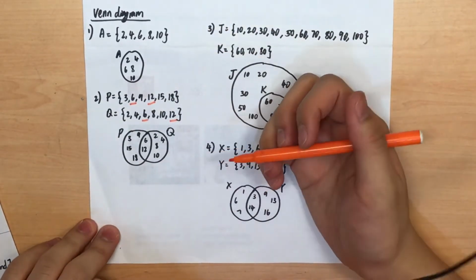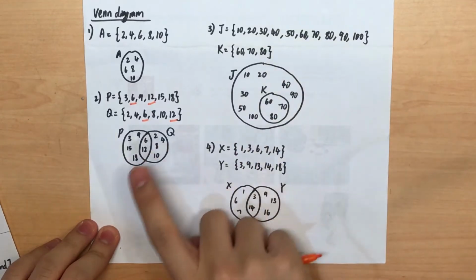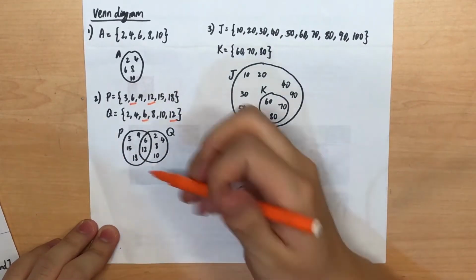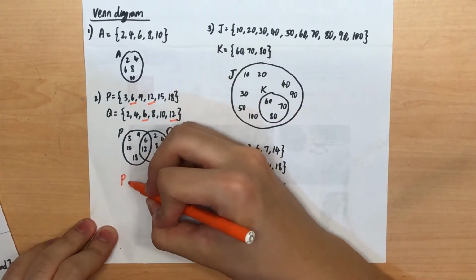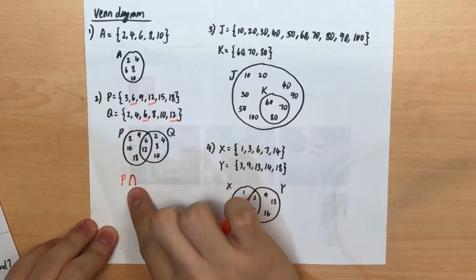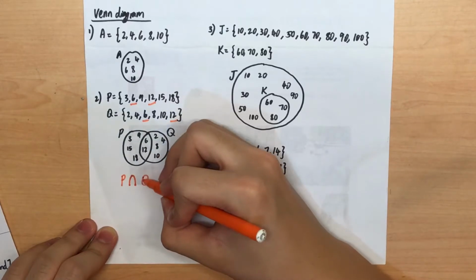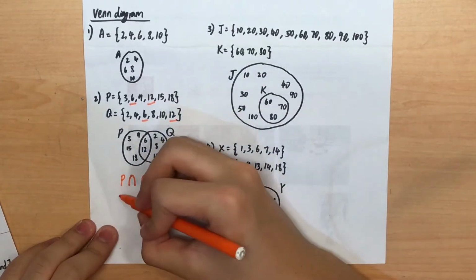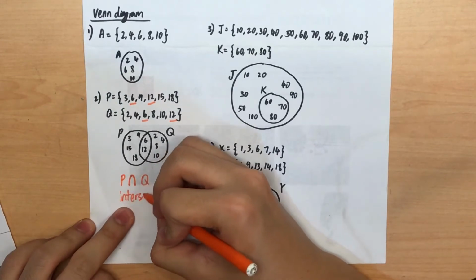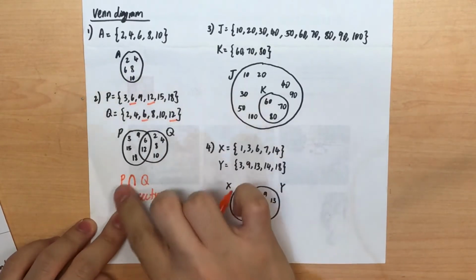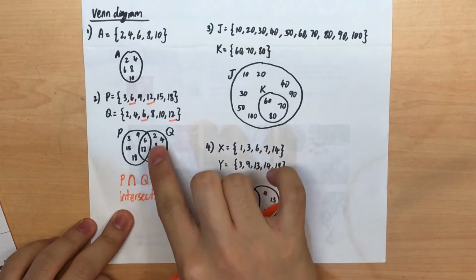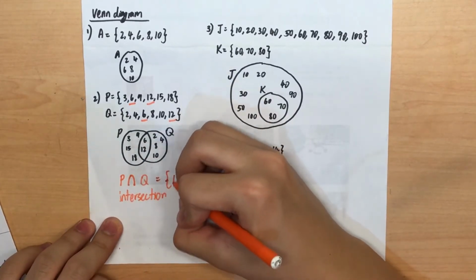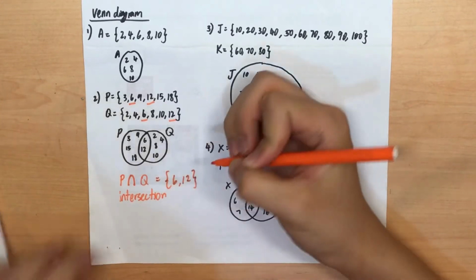So when two sets P and Q overlap, as they do in this case, the notation for P and Q looks like an N. We call it intersection. P intersect Q, in this case, is 6 and 12.